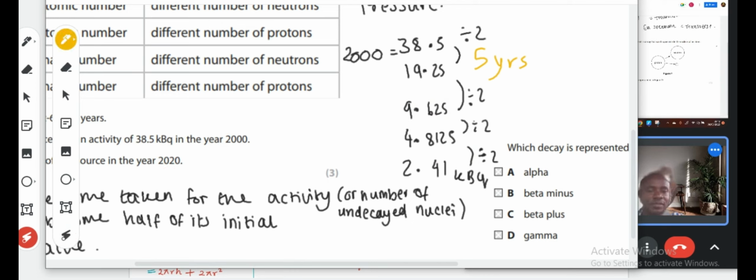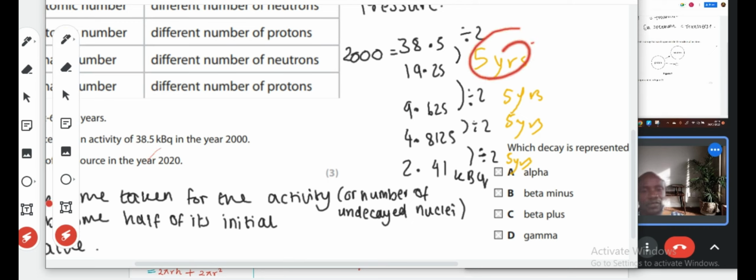All right. So 5 years, 5 years, and 5 years. Another 5 years. So we have the whole 20 years from 2000 to 2020. 20 years altogether. All right, that's fine. So 2.41 becquerel.